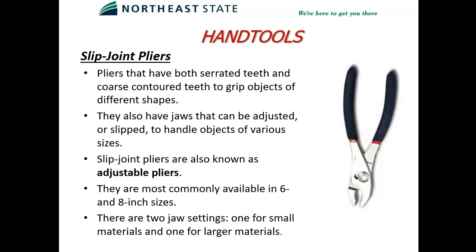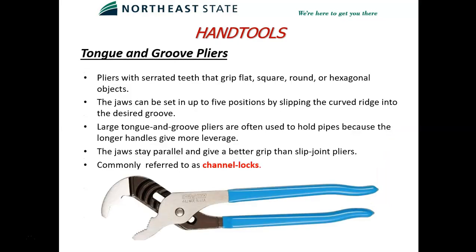Maybe you might find some that have just one or maybe three adjustments, but just common household pliers. They're adjustable, 6-8 inch, maybe smaller or larger. They don't grip really well. They're not the best tool to grip with, but they have their purpose, as any tool does.